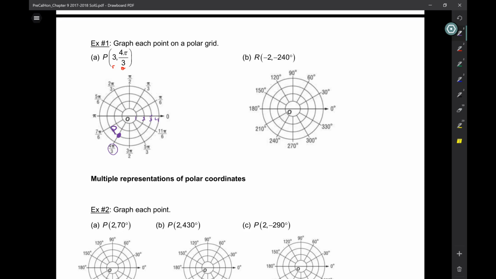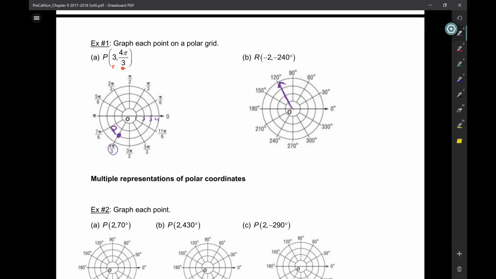All right, the next one is negative 240 degrees. So from the polar axis, we're going to go negative 240. This is 180, 60 more to here. So negative 240, that's this axis, correct? So that's my terminal ray, okay? But the radius is negative 2, r is negative 2.